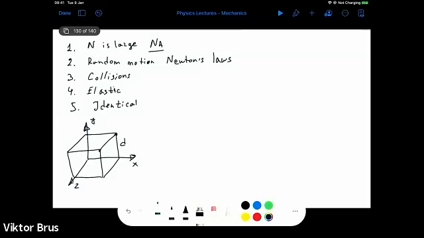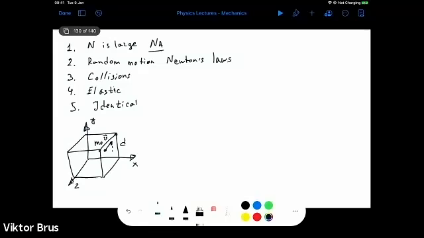And we have molecules flying randomly in all directions in this cube. For instance, we have some molecule with a mass m0. It has some velocity vector. We can consider projections of this velocity vector on different axes.